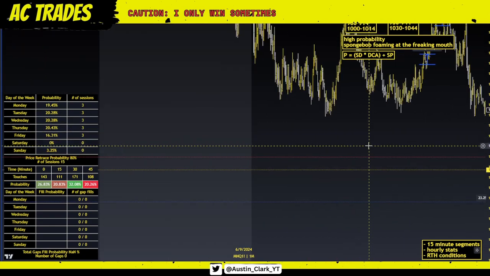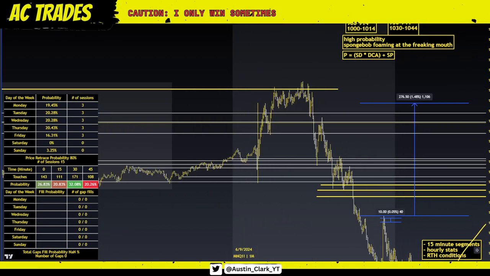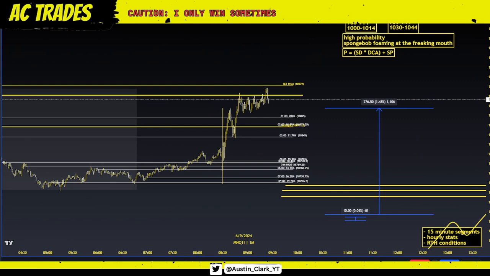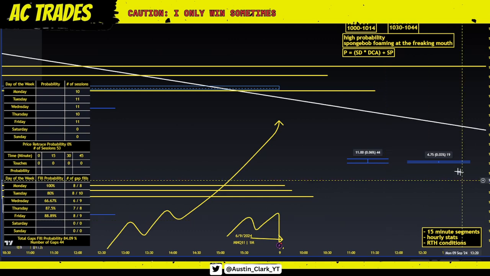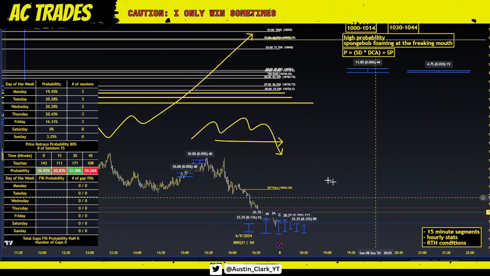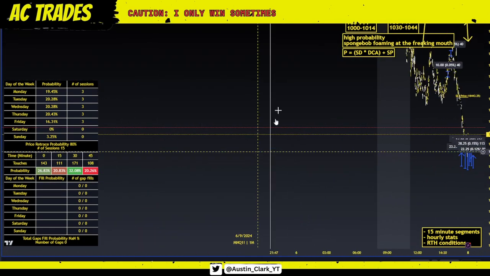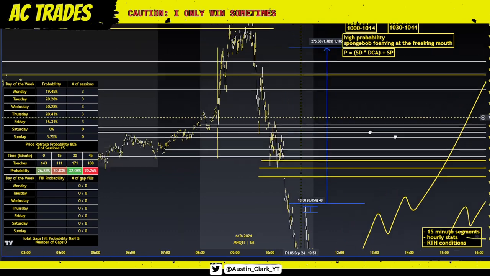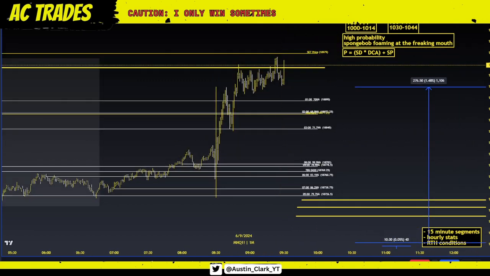Why is this not going in replay mode? Do I have to wait for market open? That is so weird. Okay, so let's just act like it's market open, because I don't know what the heck TradingView is on right now.